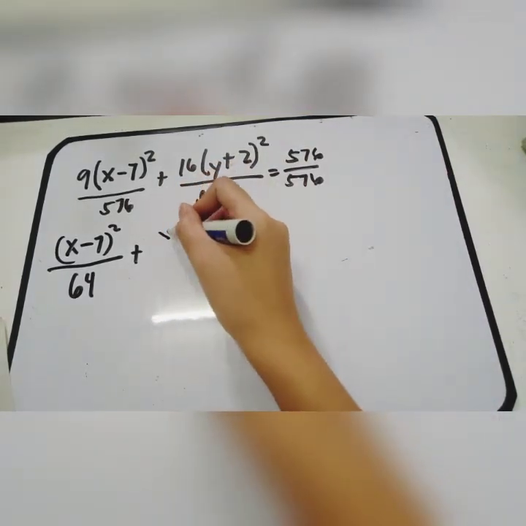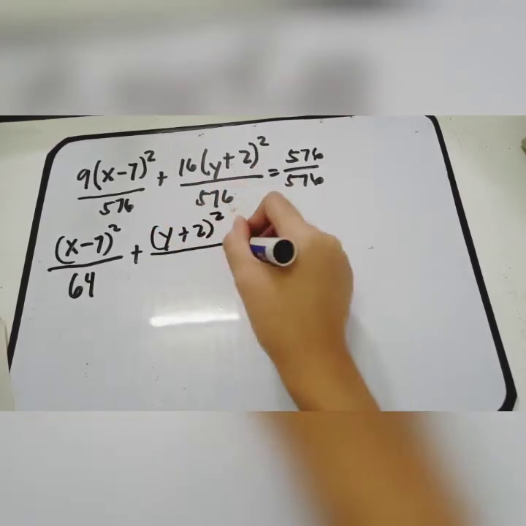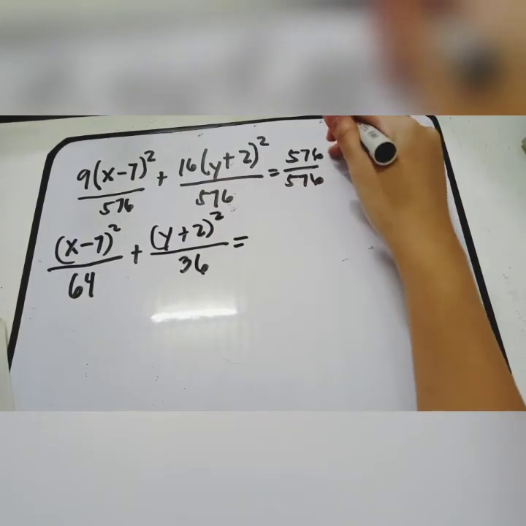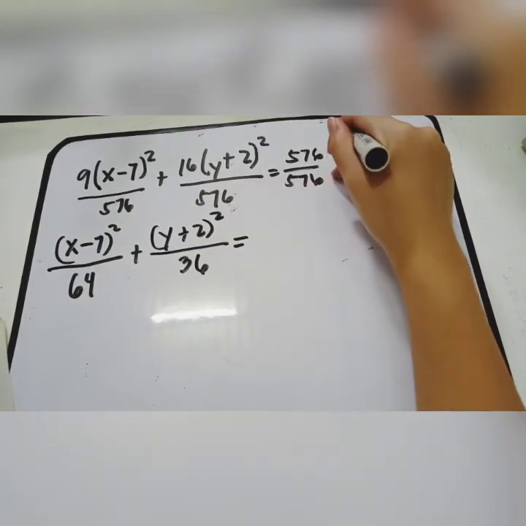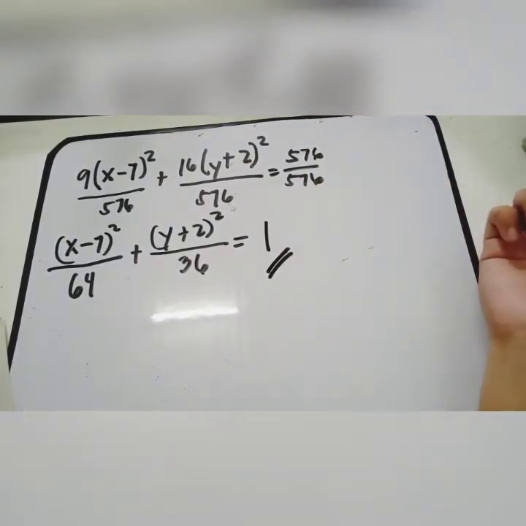So (y plus 2) squared over 36 is equal to, so 576 divided by 576, it will be equal to 1. So we already have the equation or standard form of the ellipse.